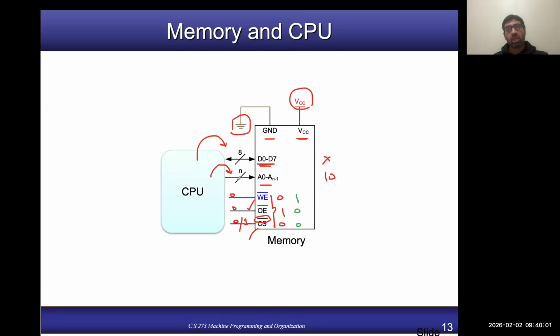The CPU will also place the address on the address bus. Let's say we use the same address. Then the value that was written previously at location 10, which is X, will be placed by the memory on the data bus, and then it will be picked up by the CPU and placed in some register. Is it clear?